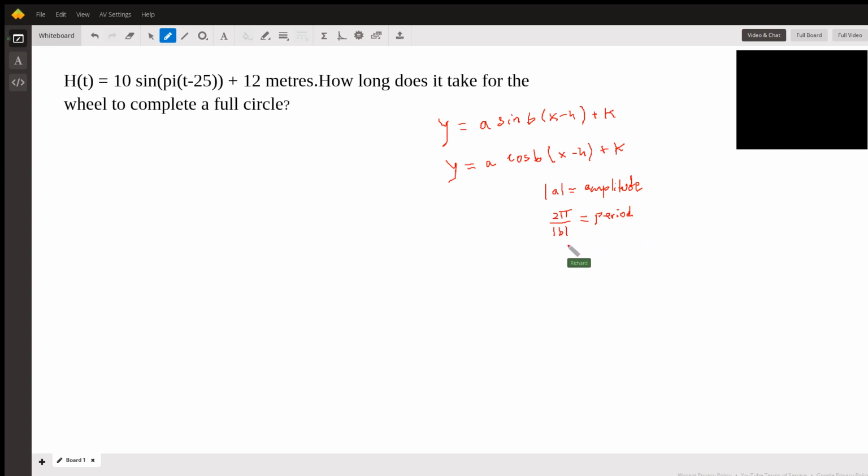h is the horizontal shift, and this is sometimes called the phase shift, so you might hear that phrase instead.